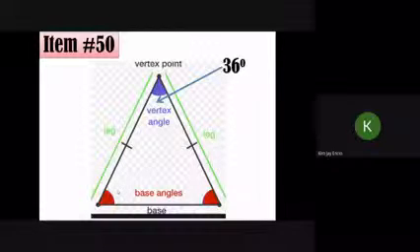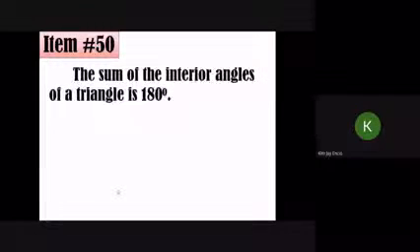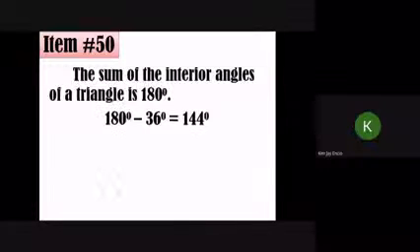Now, it's given here that your vertex angle is 36 degrees. We know for a fact that in the Euclidean plane, the sum of the interior angles of a triangle is 180 degrees. So subtracting 36, you get 144 degrees. And what is this 144 degrees?